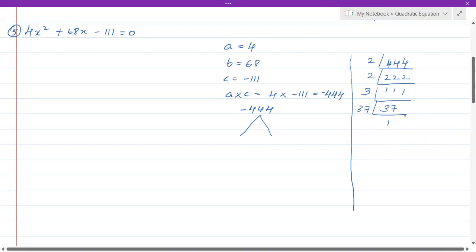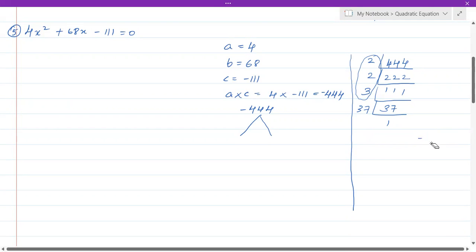Here we have to make groups. Let's say I'll take all this 2, 2, 3 as one group, and 37 as the other group. Multiply all the numbers in the first group: 2 2s are 4, 4 3s are 12, and 37 is the other group. If you multiply, you will get 444. But if you subtract, will you get 68?